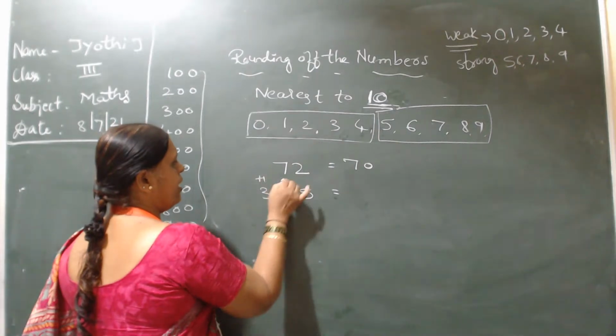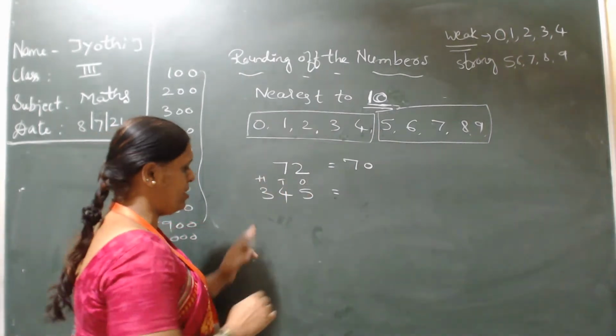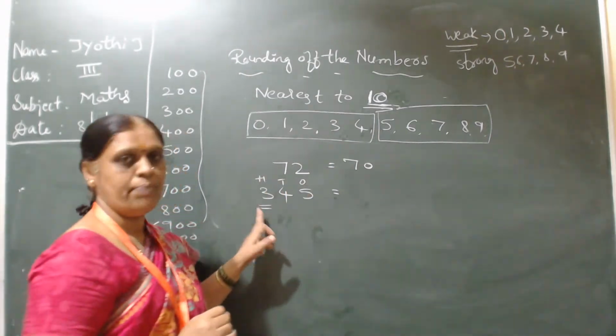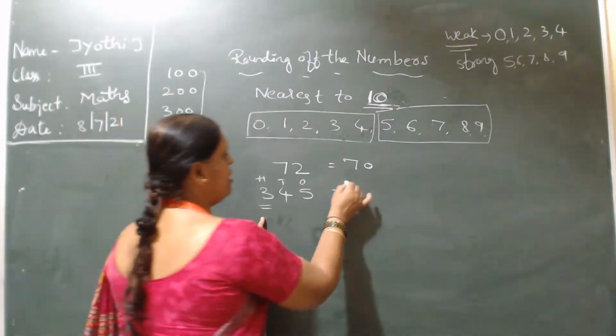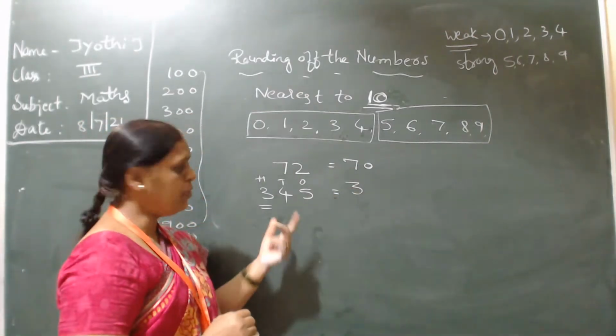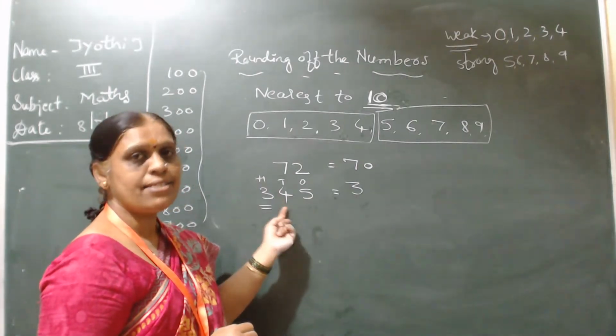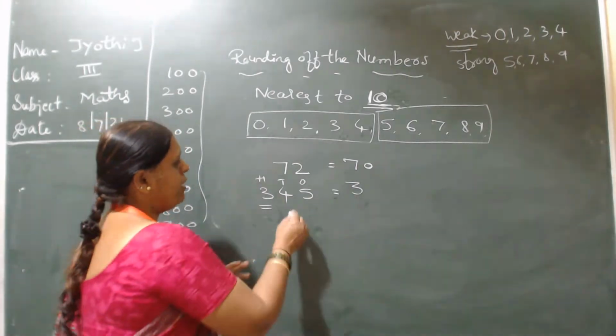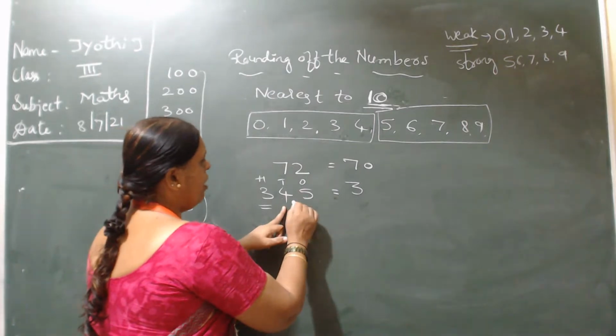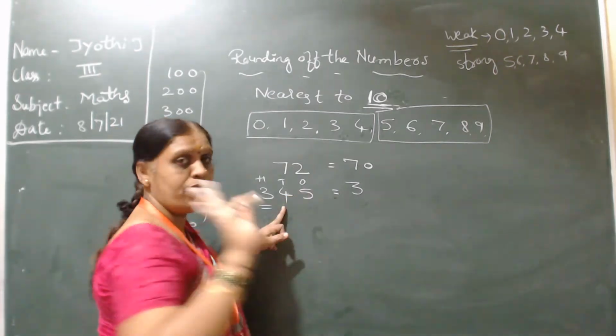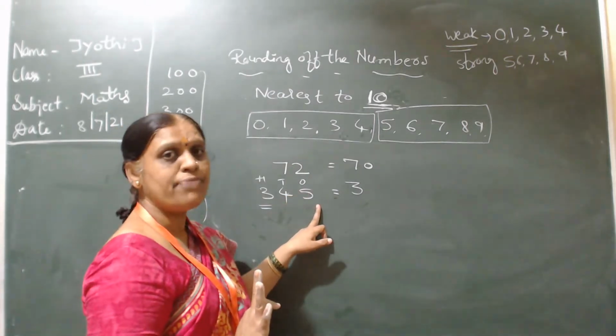So this is 100, this is 10, this is 1. Don't think about this number. Keep it as it is, 3 only, because we are changing only the tens. Here in the tens place 4 is there, in the ones place 5 is there.